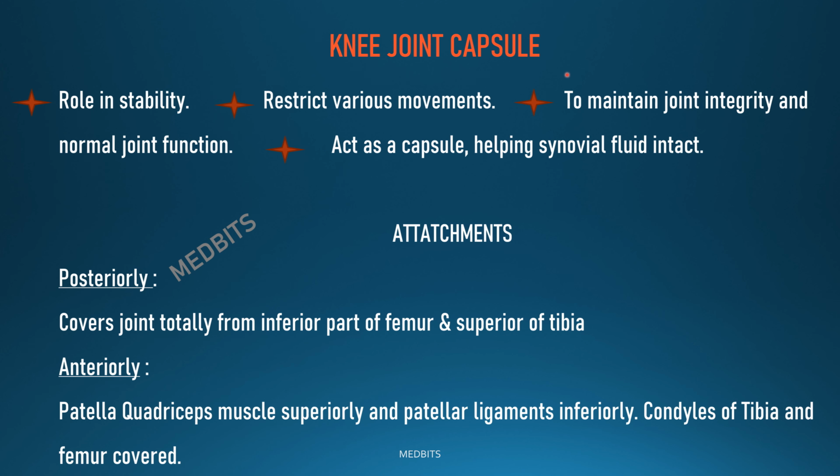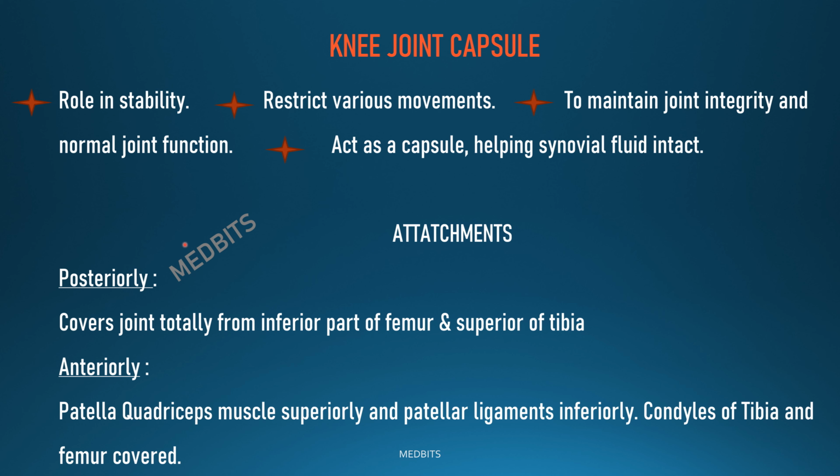Knee joint capsule. It has a role in stability. It restricts various movements so that it doesn't go to any major injuries, to maintain joint integrity and normal joint function. It acts as a capsule, helping keep synovial fluid intact.